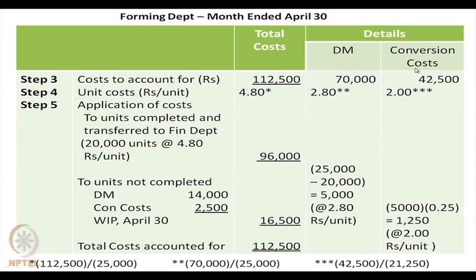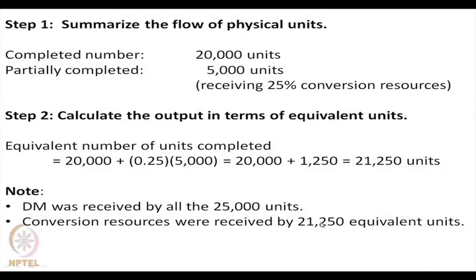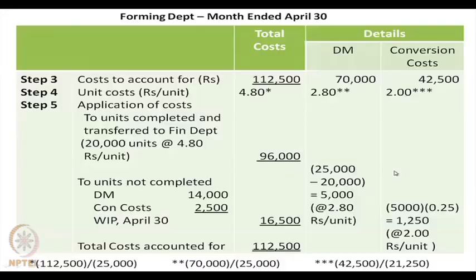Similarly, conversion cost, recall that conversion cost is applied only to 21,250. This is the equivalent number of units which we calculated in this slide. Equivalent number of units that received the conversion resources were all the items that were transferred and 25% of the remaining items, and that gave a sum of 21,250 units.